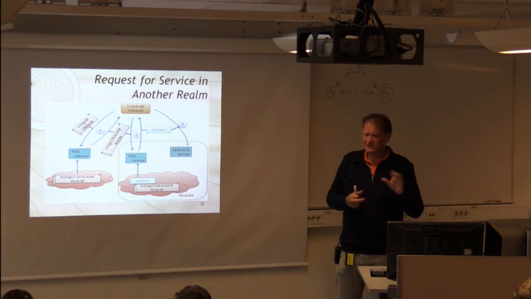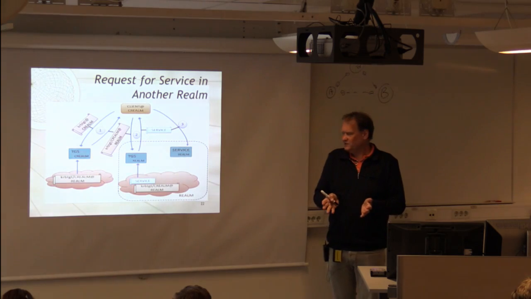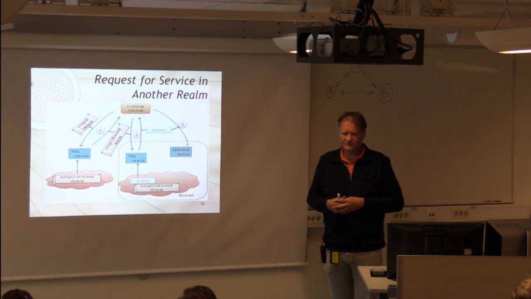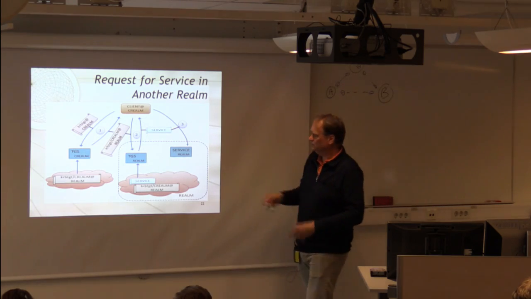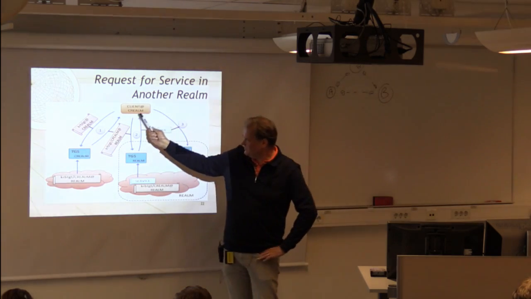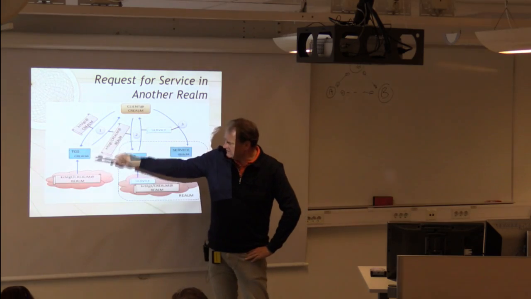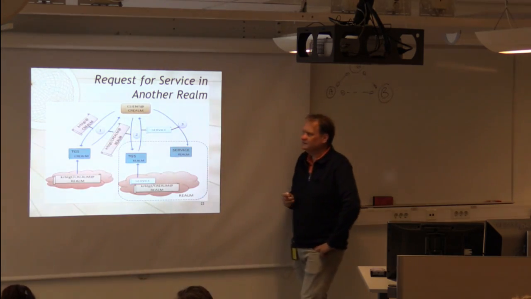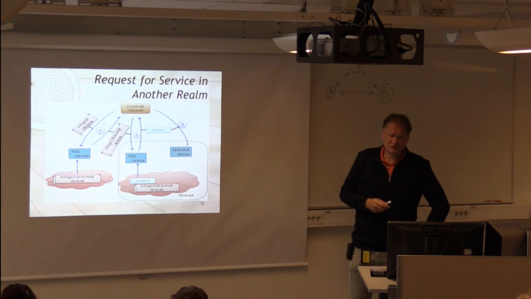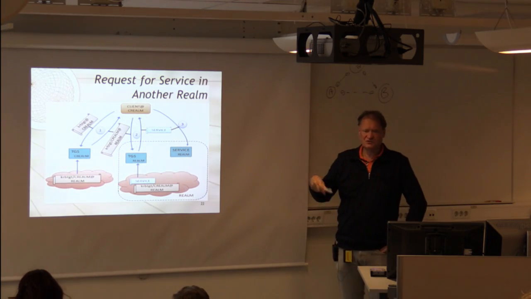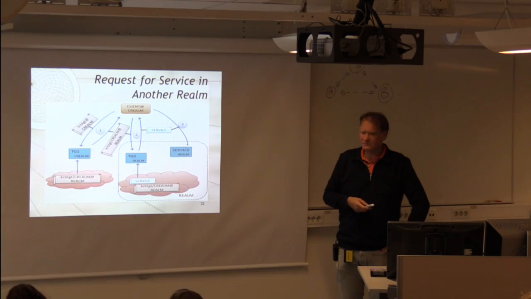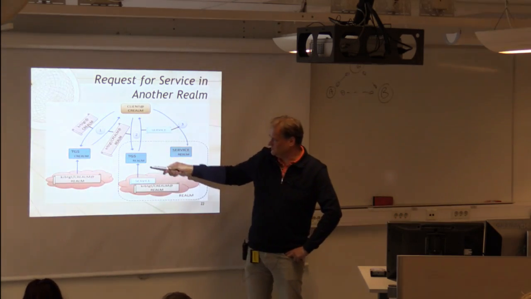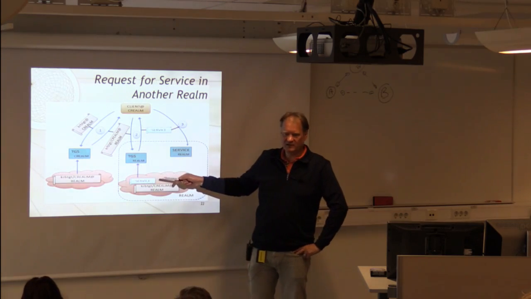So we can say that in one realm where we have one authentication server, we can grant access to another realm. We start here with a client exchange. The client asks for permission to use a service in another realm. Then once we have that, we contact the ticket granting server in the other realm.